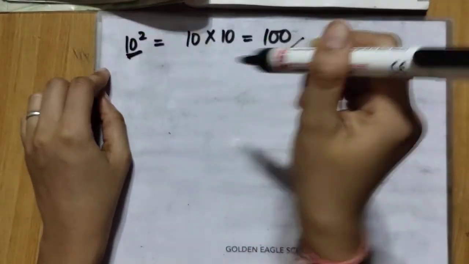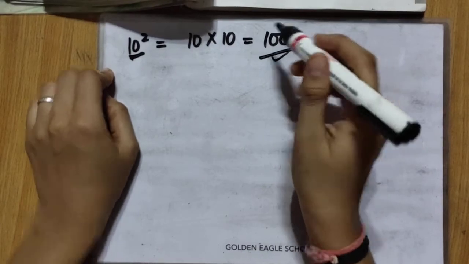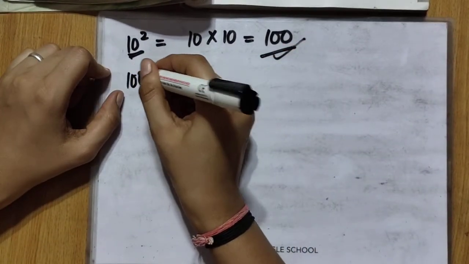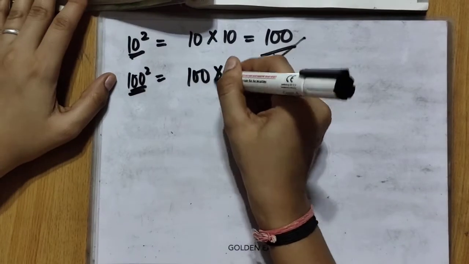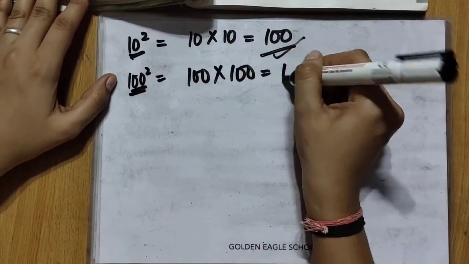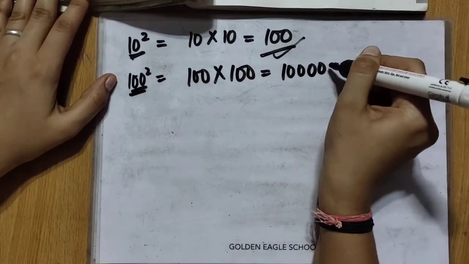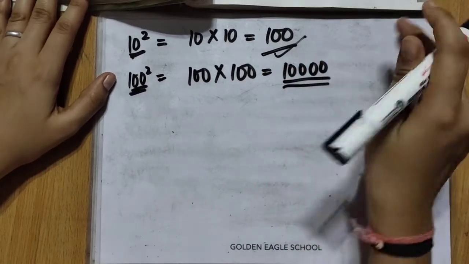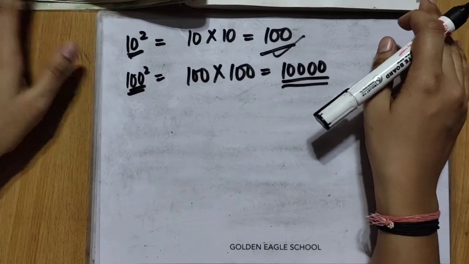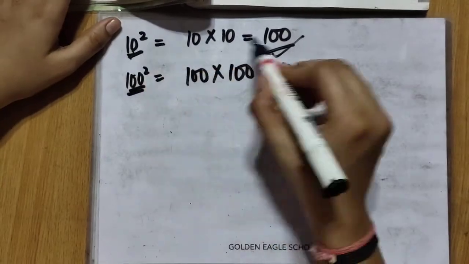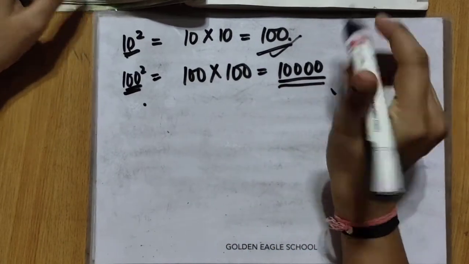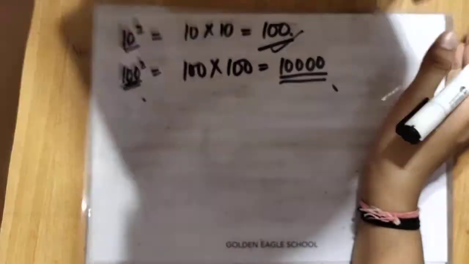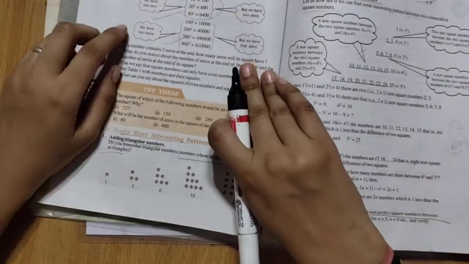Like 10 was here, so we got 2 zeros. Okay, if we find 100 square, now 2 zeros are there, 100 multiplied by 100, we get 4 zeros. Okay, we have one 0, we get 2 zeros. Similarly, we have 2 zeros, but we get 4 zeros. Okay, this is how we are going to find the squares of numbers like 10, 100, 20.